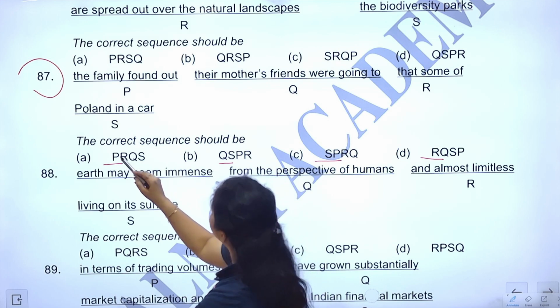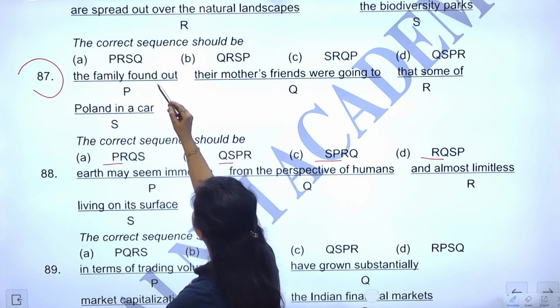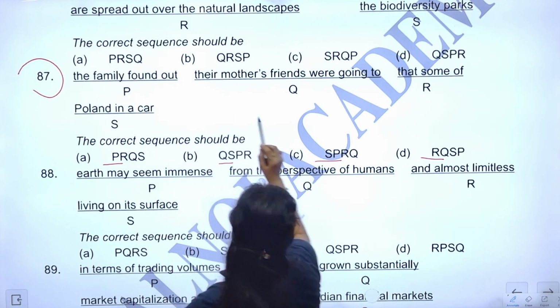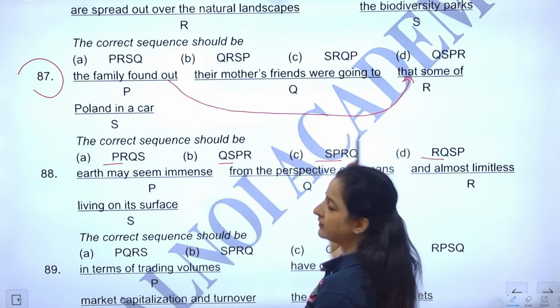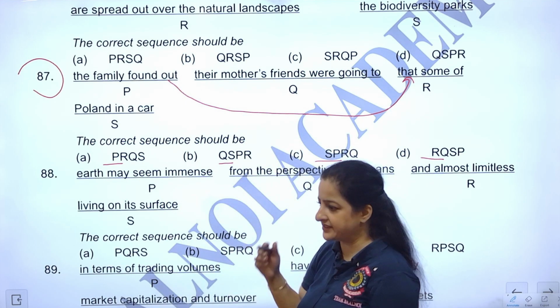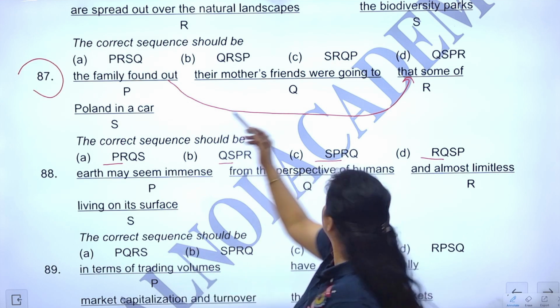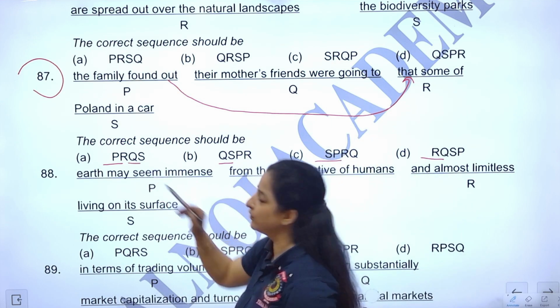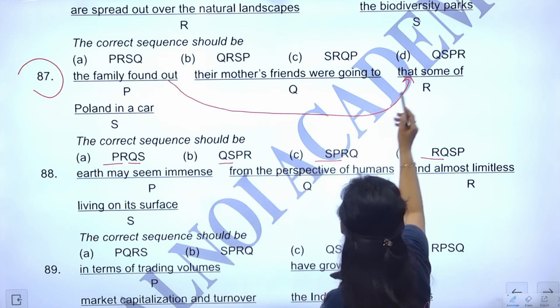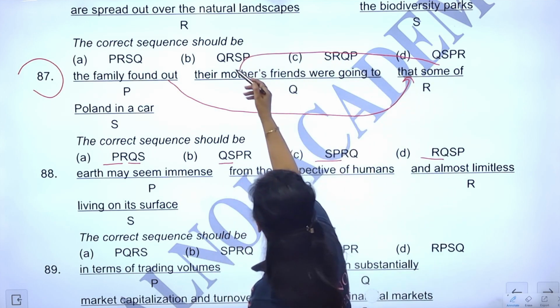The family found out. And then we have to read R. The family found out that. Really makes sense. We say, क्या पता किया? ये पता. Found out that some of, and we have to read Q after R. Some of their mother's friends, this also is making sense.